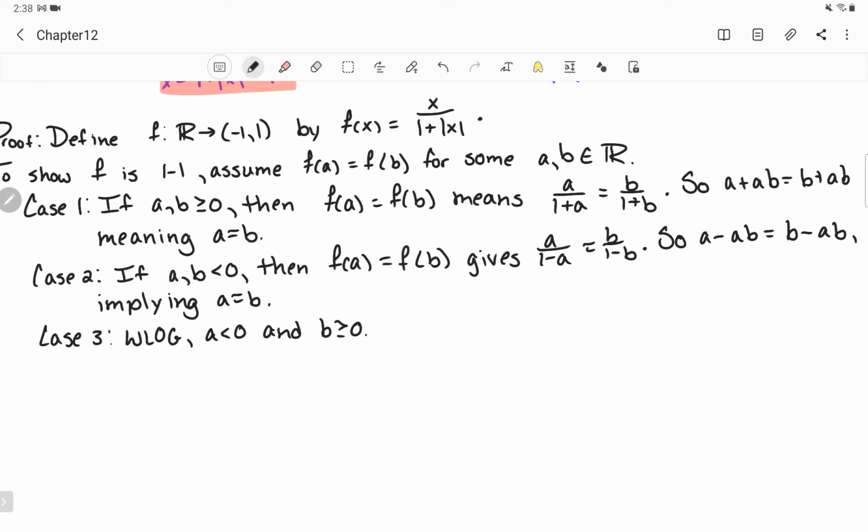All right, so case 3, we're going to phrase a little differently, right? Our logic was a little different. Everybody with me for case 1 and case 2? Okay, so case 3, without loss of generality, a is negative, b is not negative, then f of a is less than 0, it's less than or equal to f of b, so f of a cannot equal f of b.